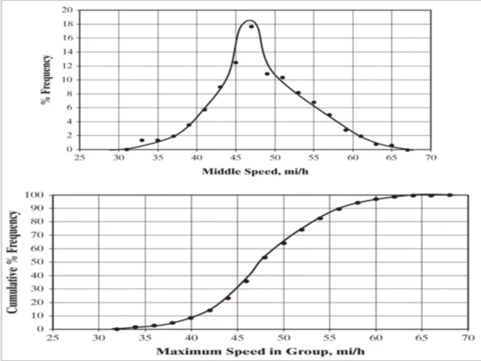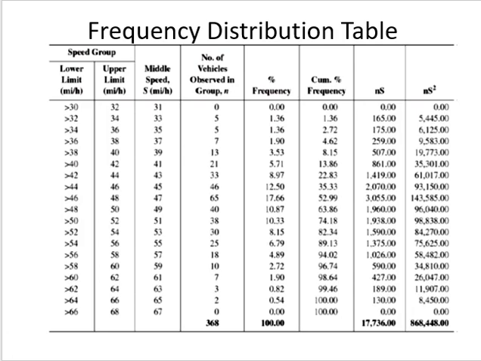Then the next graph is for cumulative percentage frequency. On the x-axis I plotted the upper limit of each group. Which column? Second column. So it starts with 32 and 34 and so on. On the y-axis, cumulative percentage frequency: 0, 1.36, then 2.72, 4.62, these values.